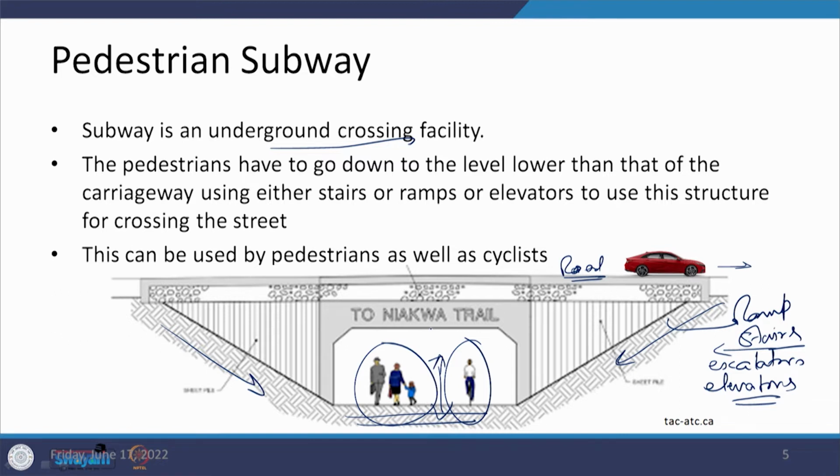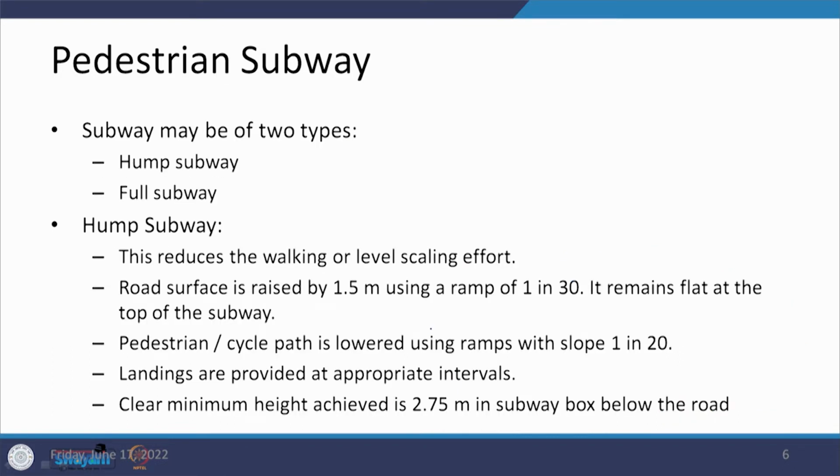So, when we are looking at this type of system, what are the things which need to be taken care of, and what are the various types of these subways? These are the two things we are going to take up in the next few slides.